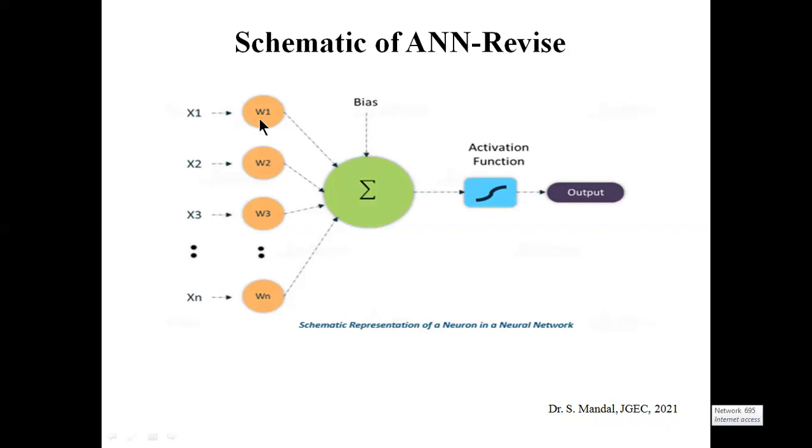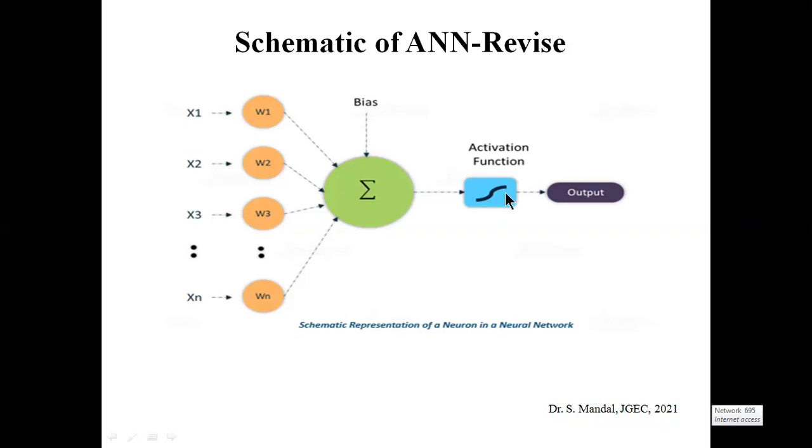And obviously w1, w2, w3 up to wn are associated with each input, and it denotes the strength of each input. Okay, now after the summation, this net value is going through an activation function, and the function is nothing but it gives our desired output.